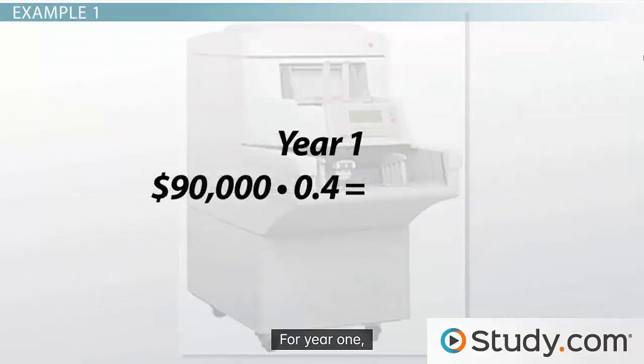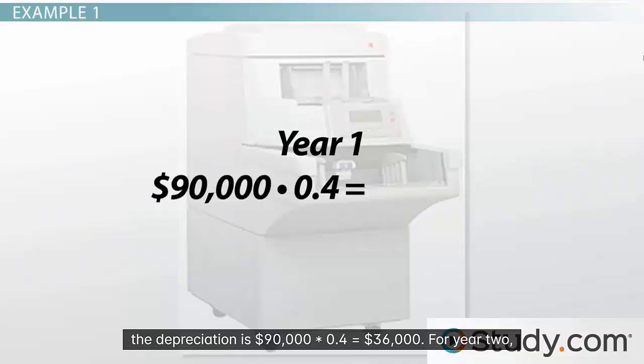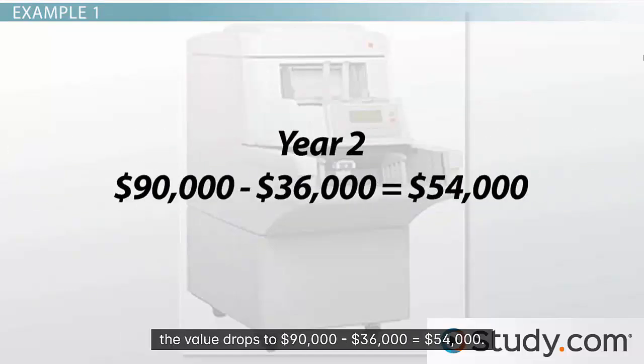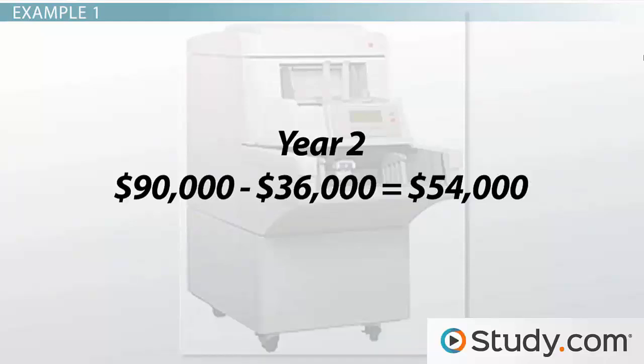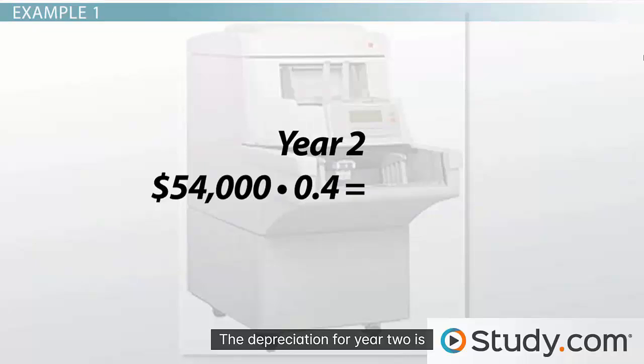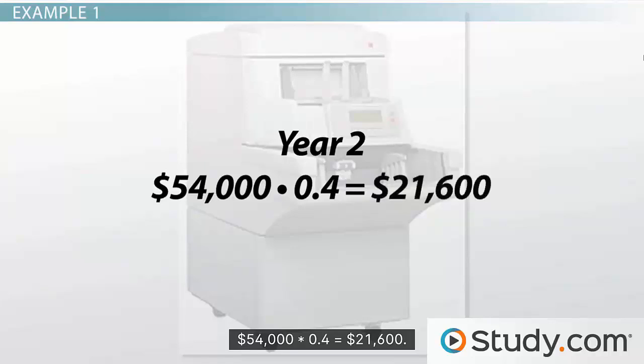For year 1, the depreciation is $90,000 times 0.4 equals $36,000. For year 2, the value drops to $90,000 minus $36,000 equals $54,000. The depreciation for year 2 is $54,000 times 0.4 equals $21,600.